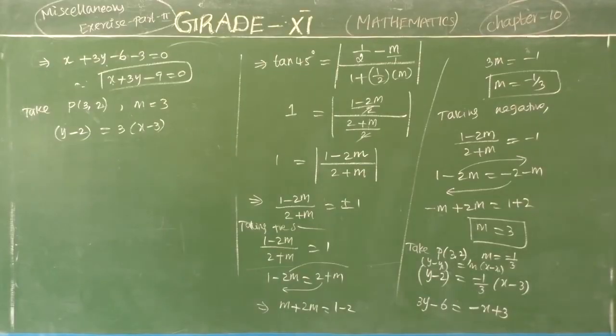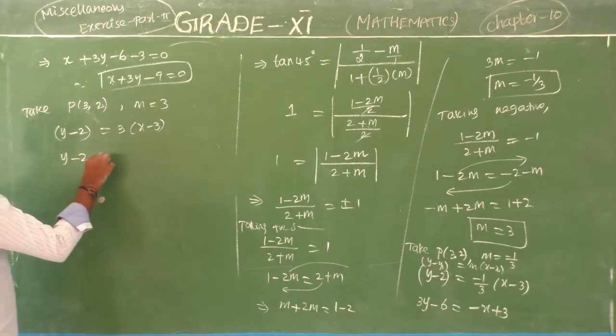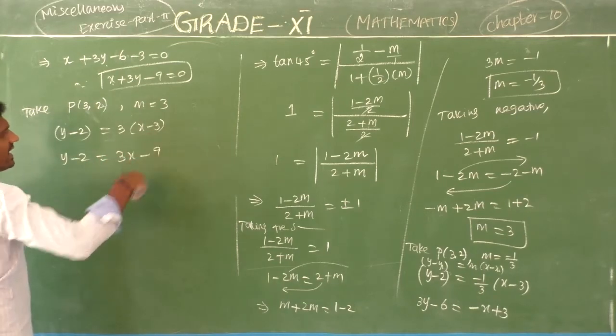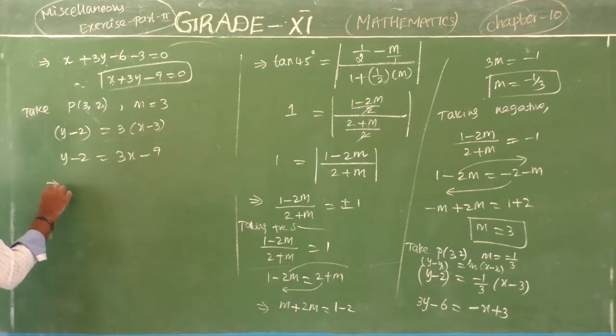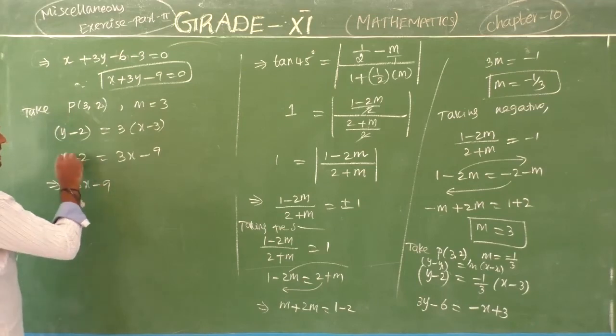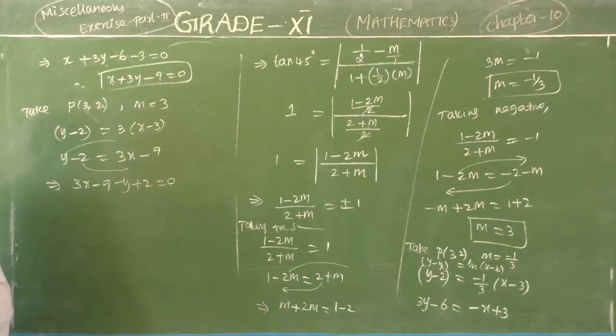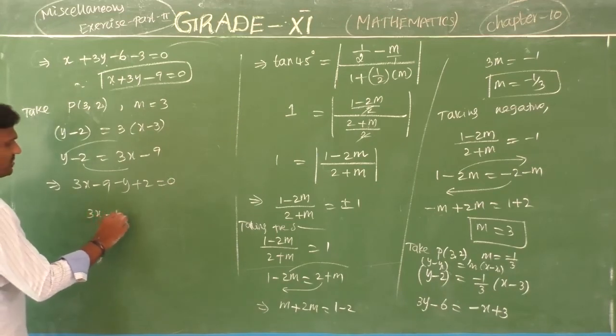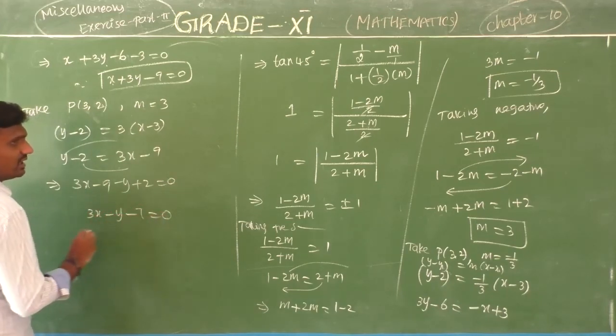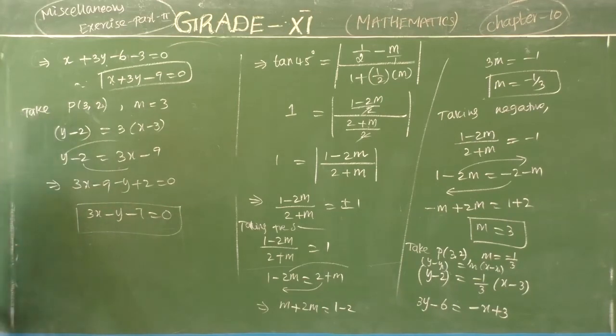So next, y minus 2 is equal to 3x minus 9. Now the simplification: 3x minus 9 minus y plus 2 equal to 0. So 3x minus y minus 7 is equal to 0. So this is the second equation of the line.